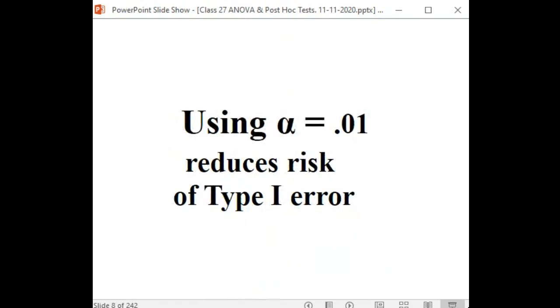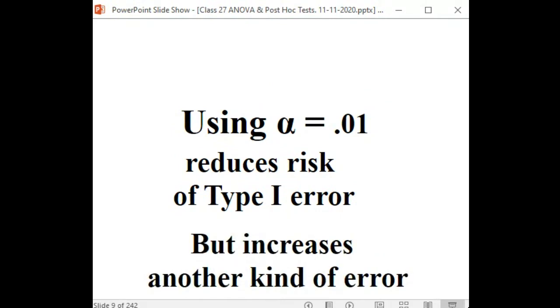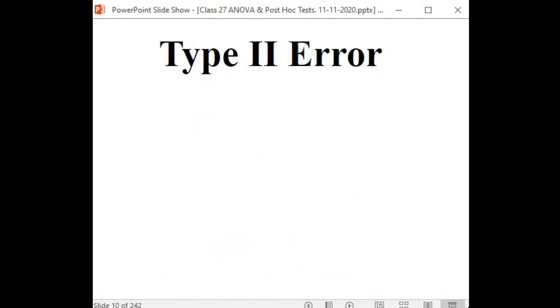If a researcher wants to, she can choose to set alpha lower at 0.01. Setting alpha at 0.01 reduces the risk of type 1 error to only 0.01 or 1%, but it increases the risk of another kind of error, which is called type 2 error.